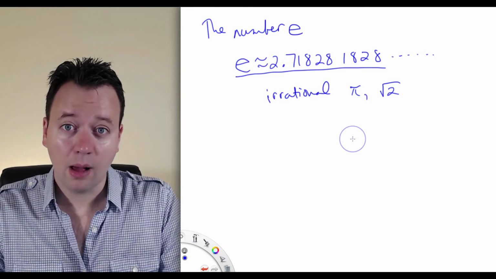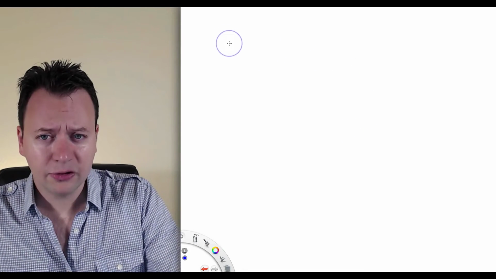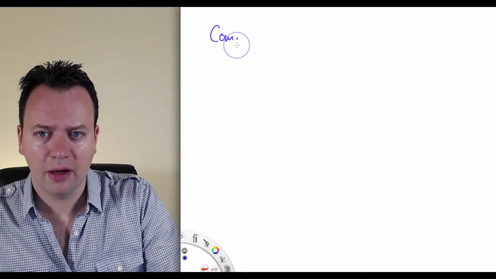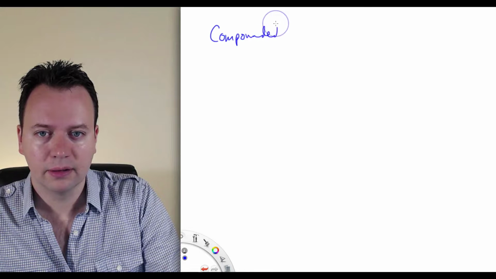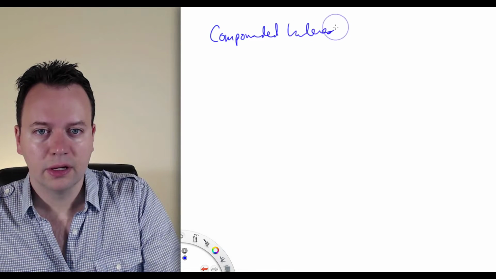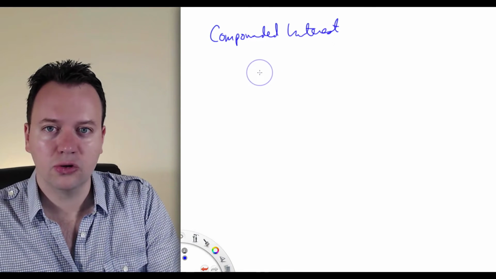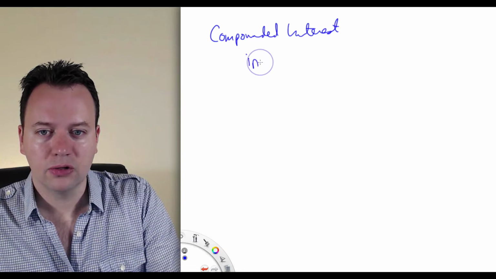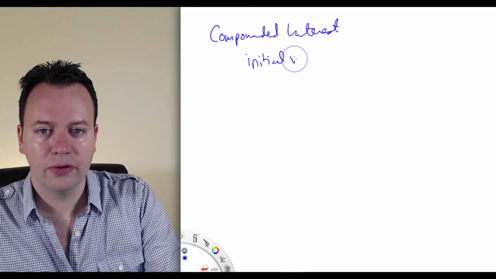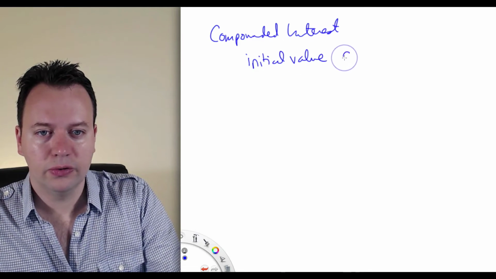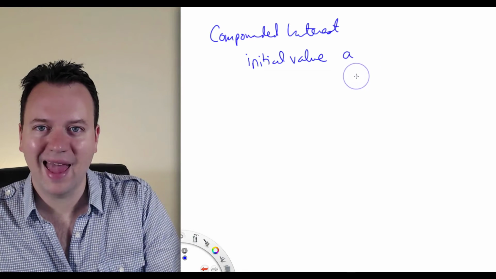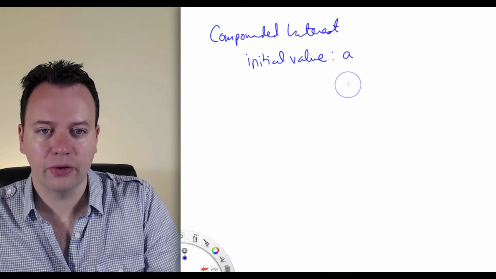So where does it come from? To answer that, let's go back and think about compounded interest. Suppose we have an initial investment, which we'll call the initial value, and we'll use the symbol A to represent it.